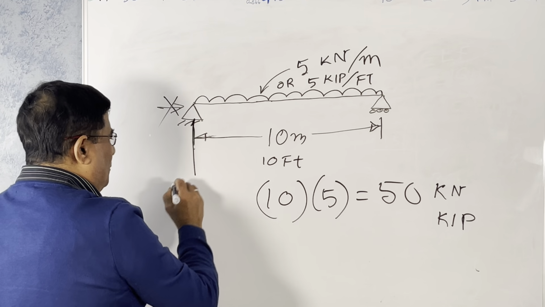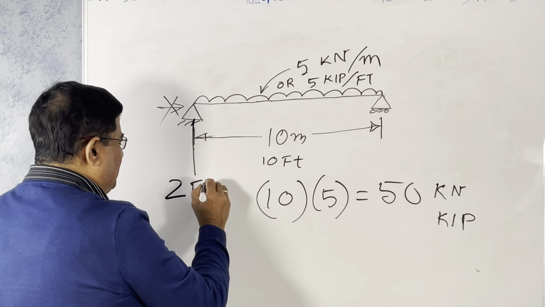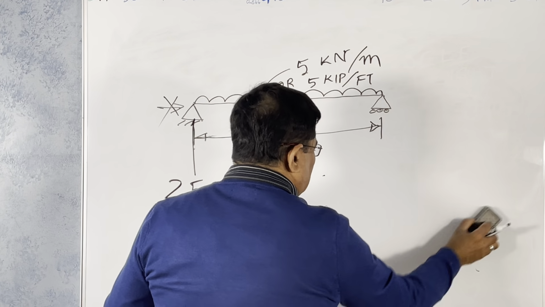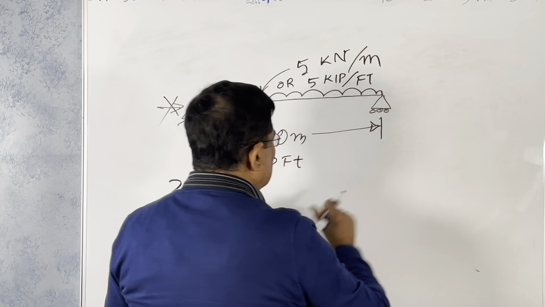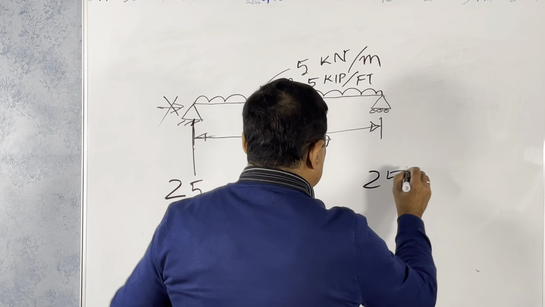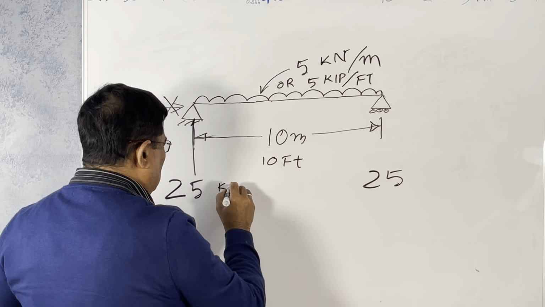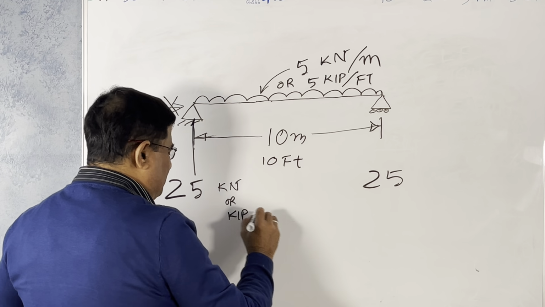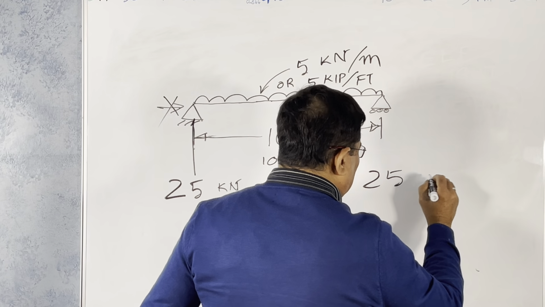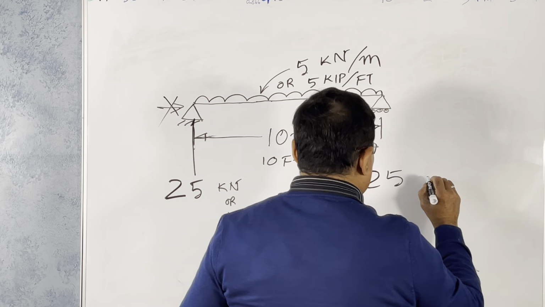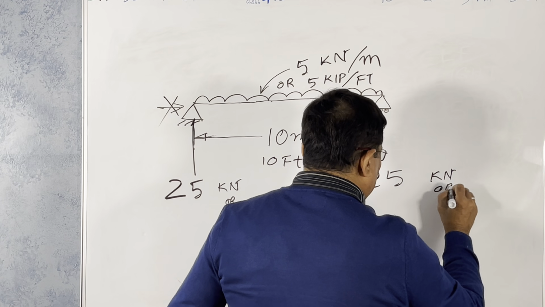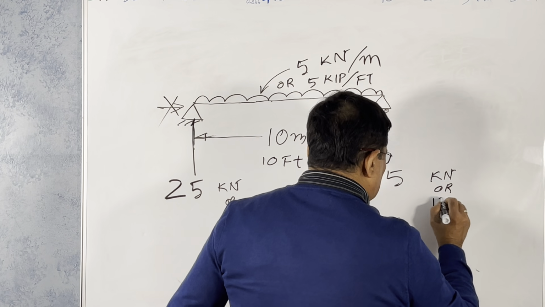Half of that will be 25 and 25. I am considering different units but putting the same values to make solving my problem easier.